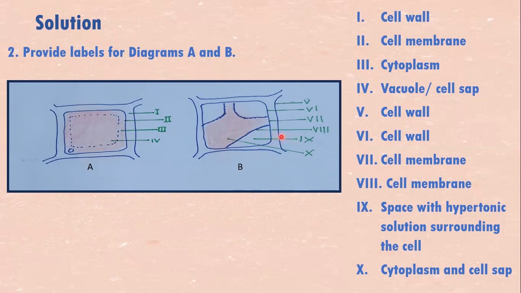So the solution in which the cell is lying will move in to fill the space. So this is a space. It's not just a vacuum, but a space filled with the hypertonic solution. And this area is the cytoplasm and the cell sap, which we can't really work out where the cytoplasm is or where the cell sap is. So very neat and interesting, isn't it?